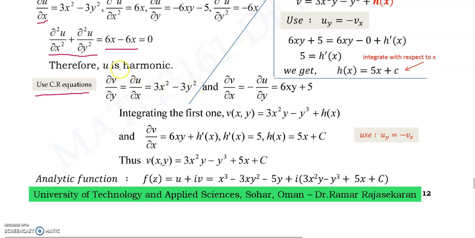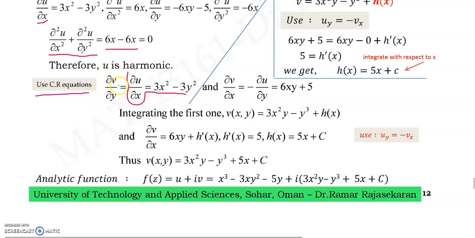Actually if the given function is harmonic, listen here carefully, the CR equations are satisfied, so I can find ∂u/∂x from the given question, that is 3x squared minus 3y squared. By the CR equations I can say that this ∂u/∂x is equal to this.